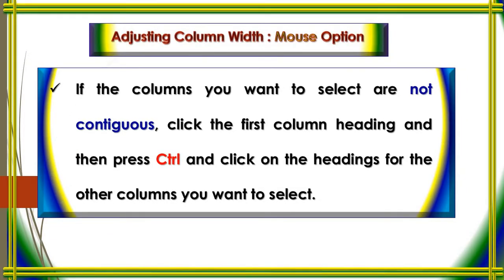If the columns you want to select are not contiguous, click the first column heading and then press Ctrl and click on the headings for the other columns you want to select.